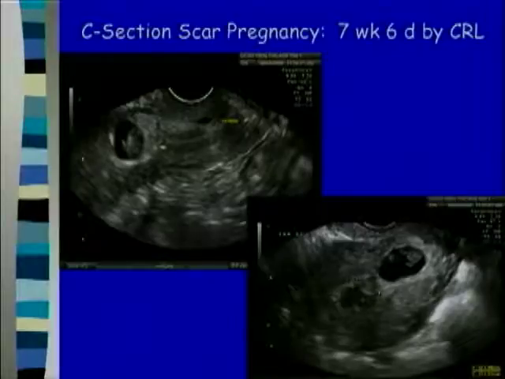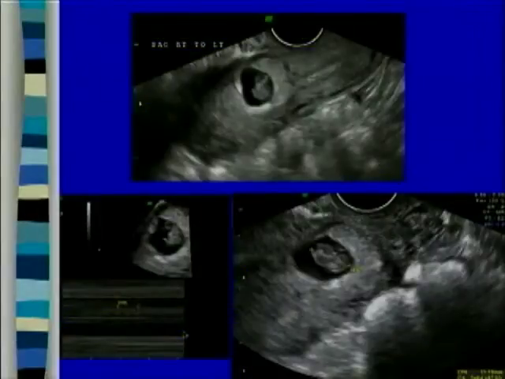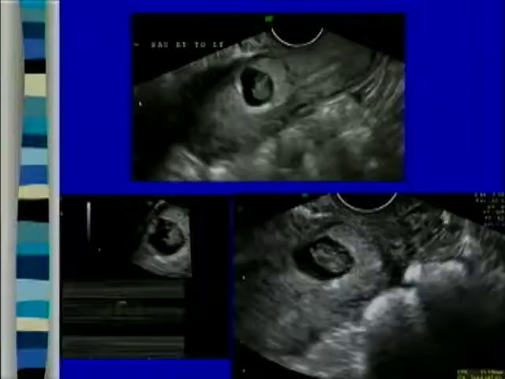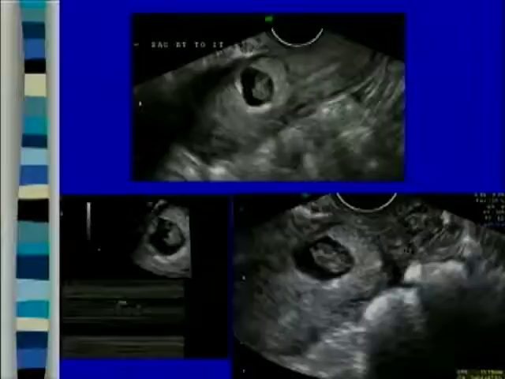We did see some blood or gestational trophoblastic disease up in the normal position of the endometrium. And as we scanned her on 2D going back and forth, we even found a heartbeat on this little one that was about 7 weeks and 6 days.